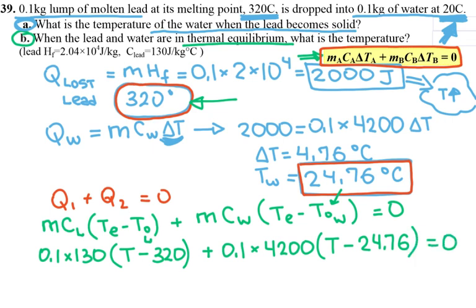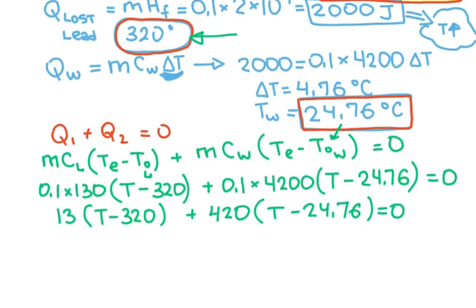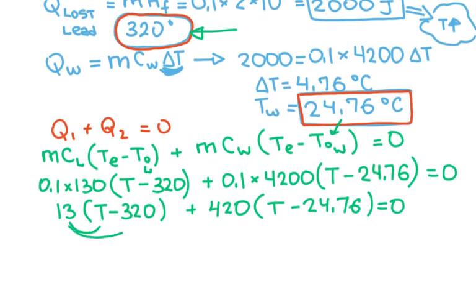So if I do my calculations here, 130 times 0.1 gives me 13, and then I have T minus 320. And then plus 0.1 times 4200 gives me 420, and then I have T minus 24.76 equals 0. I'm going to distribute 13 and 420, and then combine them.